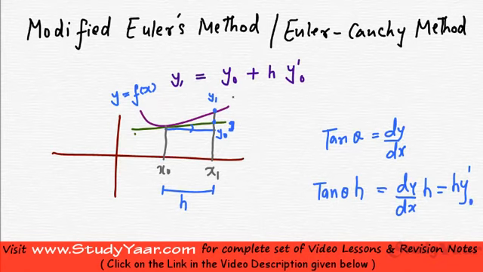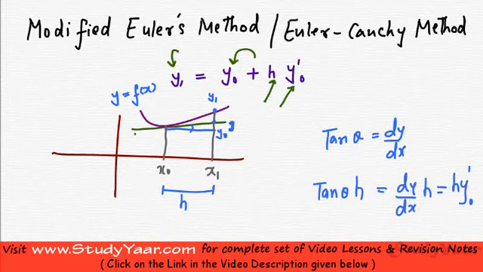So this is what you've been doing up until now in Euler's method. You are just taking your previous value and adding the product of the slope and your subinterval. The length of your subinterval you multiply with the slope and add it to the previous y value, and you get the next y value.